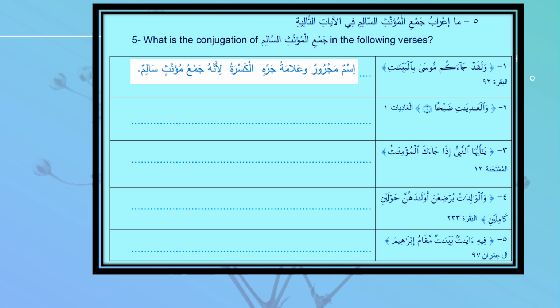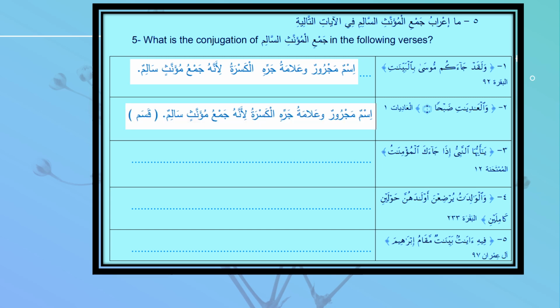Why is it with Kasra when it's at the start of the sentence? Because the Waw al-Qasm has come. And how do you know there is a Waw al-Qasm? Because the noun coming after it will have a Kasra. Wal-Adiyati. So it's Waw al-Qasm, and let's see the i'rab. It's Ism Majroor, the alama is Kasra, because it is Jama Muannas, and it's Qasam because of the Waw al-Qasam.